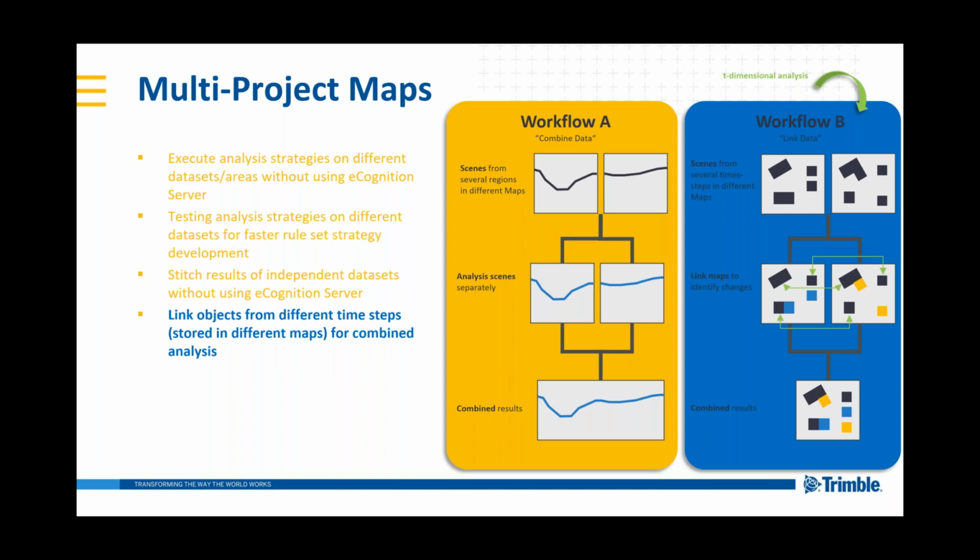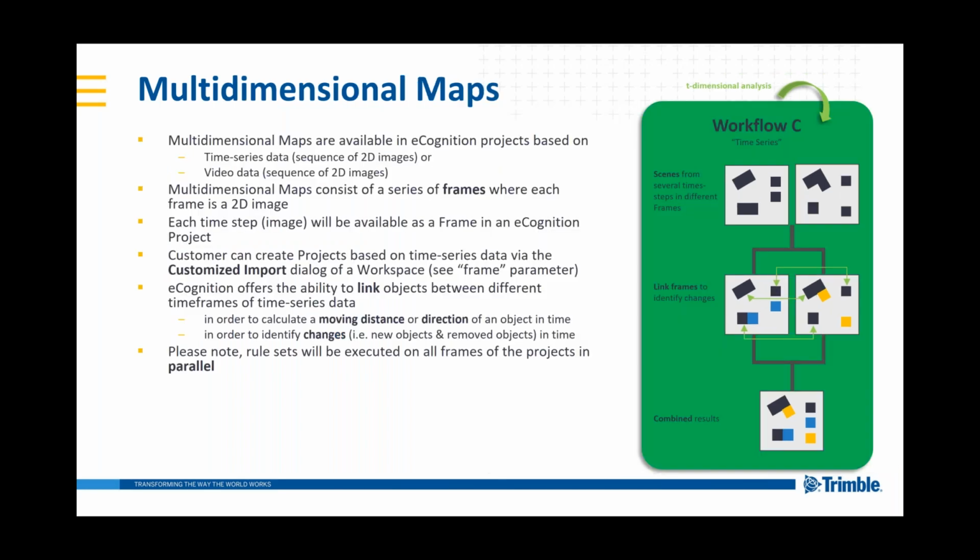Then we have the multi-dimensional maps. Again, this is something that's very relevant for the time series analysis. Multi-dimensional maps are of course available in eCognition projects, and they're really based on time series data, a sequence of 2D images, or even a sequence of video data, so those video frames could be loaded.